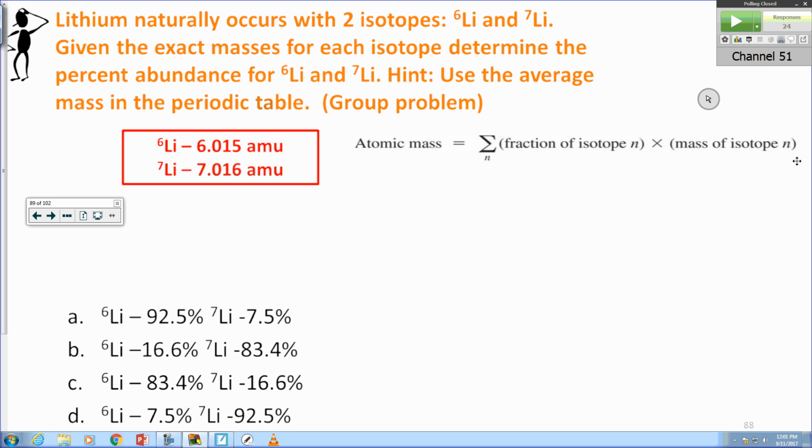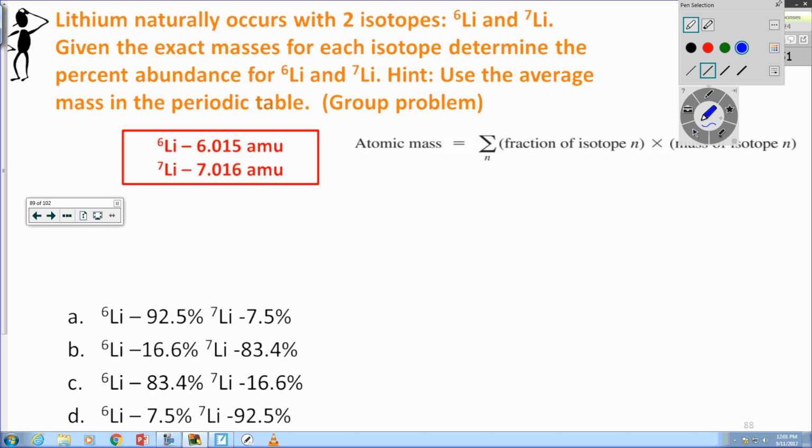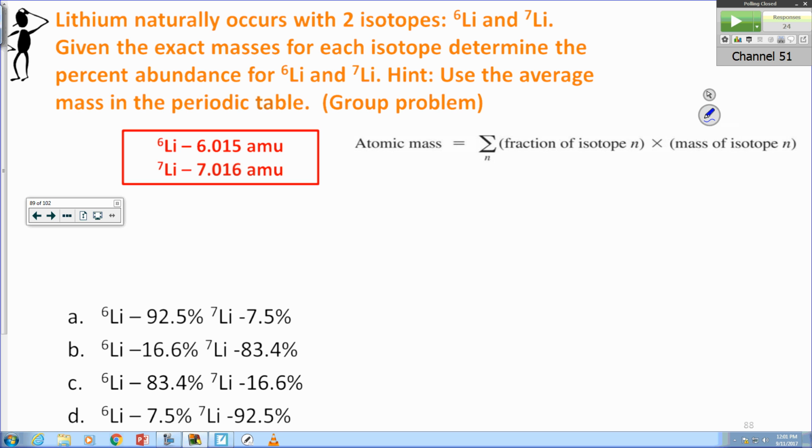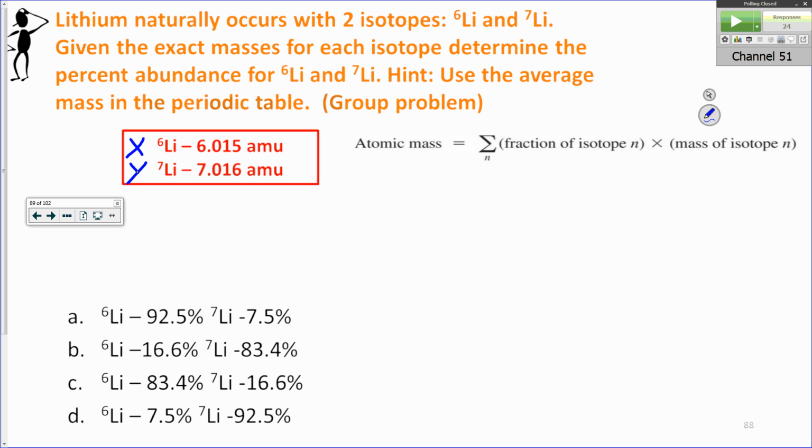So let's talk about how you would work through the problem, and then we're going to do the check. First, I'm going to define my variables, who's who. I'll call the decimal equivalent for lithium 6 X, and the value for lithium 7 is Y. I can look up the mass, and I know the mass is 6.941.